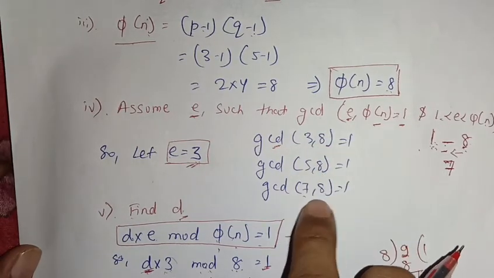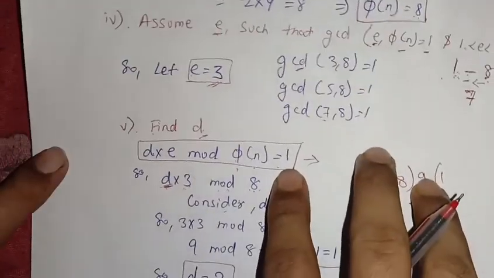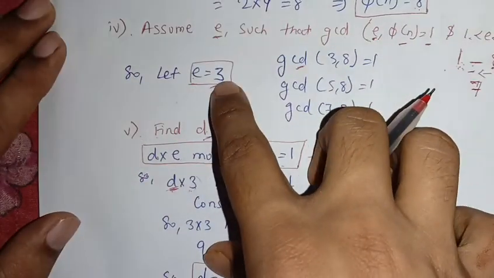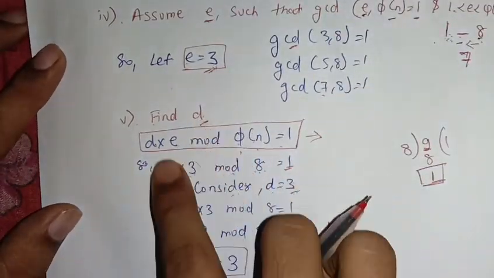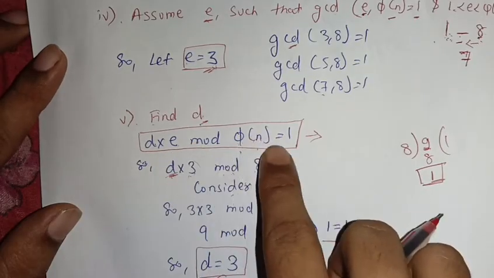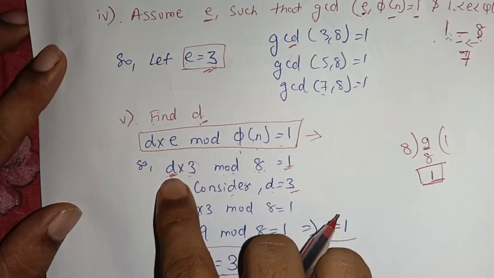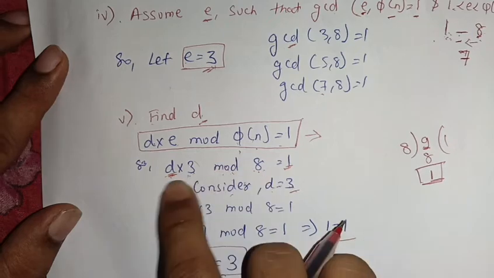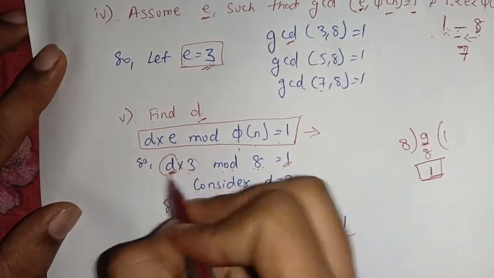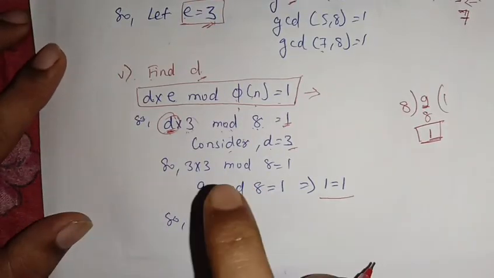You can also take 5 or 7, it's up to you. Then when we get E equals 3, we need to find D. The formula is D into E mod phi n equals 1. Just put the values of E and phi n here and calculate the result of D. We have got D equals 3.